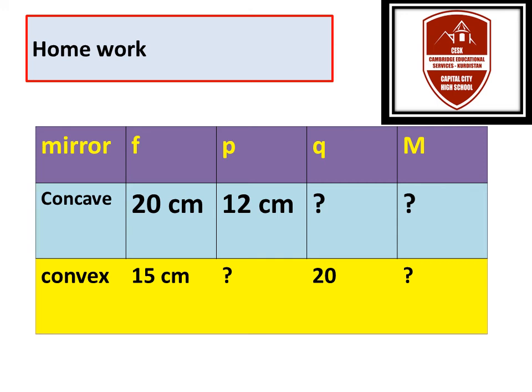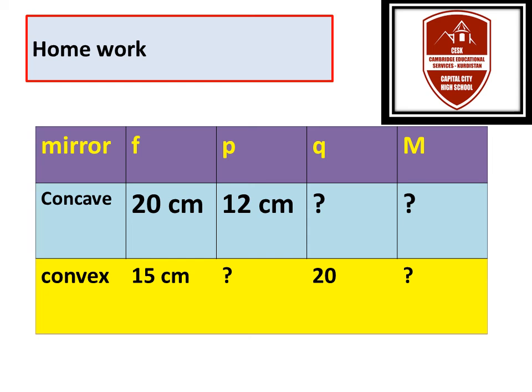In the concave mirror, first row, we have focal point 20 centimeter, P equals 12 centimeter. What is unknown? Q and M. I want to give you some hints about this question. Because F equals 20, R equals 40.